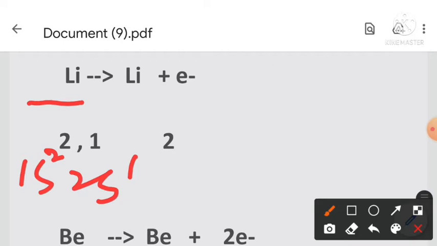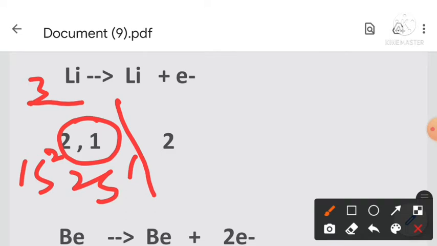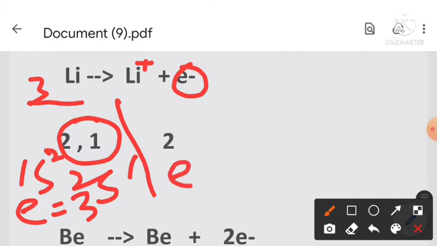Z of lithium is 3, so the electronic configuration is 1s2 2s1 and it has 3 electrons. When it loses 1 electron from its outermost shell, it gets a 1 positive charge, and the electrons become 2.